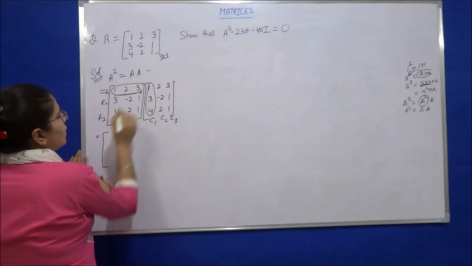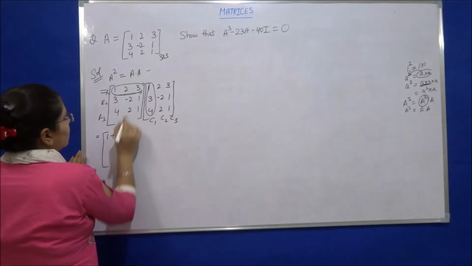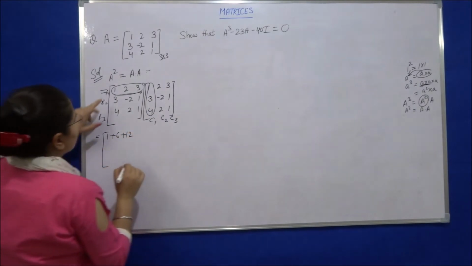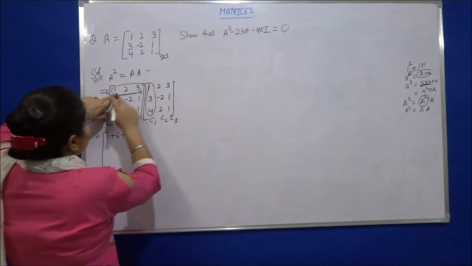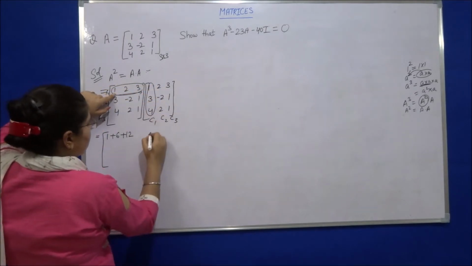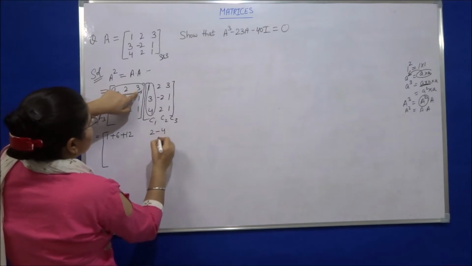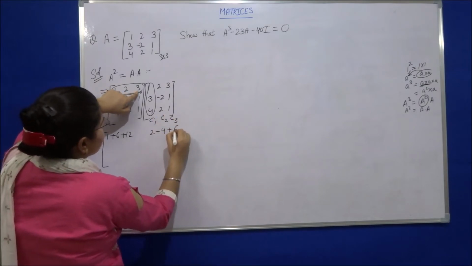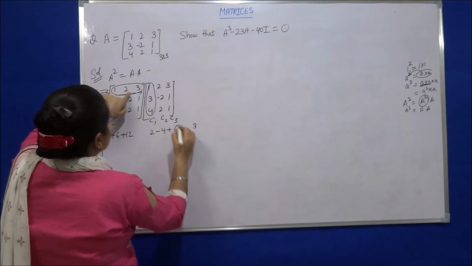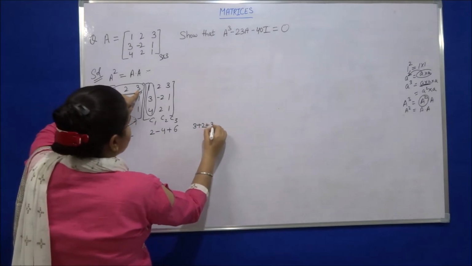So 1 into 1 will be 1, 2 multiplied by 3 will be 6, 3 multiplied by 4 will be 12. Again R1 will be multiplied with column 2. So 1 multiplied by 2 is 2, 2 multiplied by minus 2 will be minus 4, 3 multiplied by 2 will be 6. Now again 1 multiplied by 3 is 3, 2 multiplied by 1 is 2, 3 multiplied by 1 is 3.